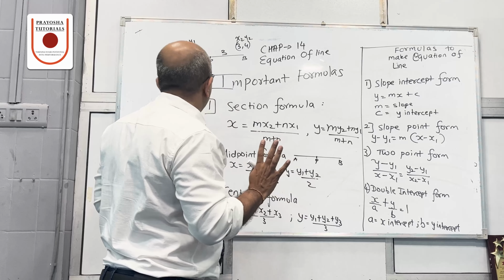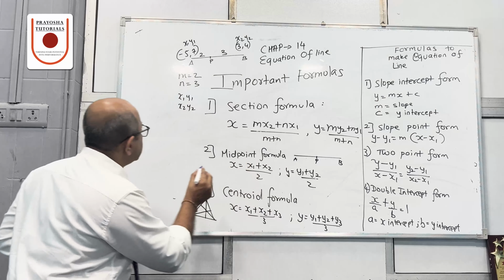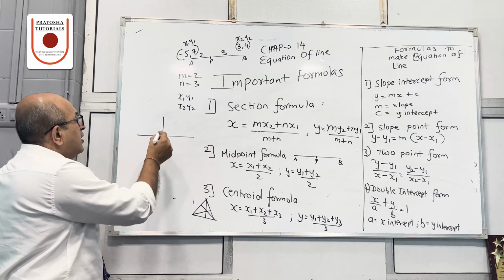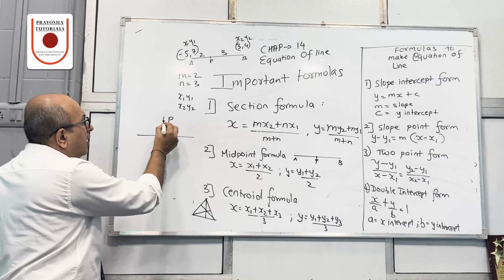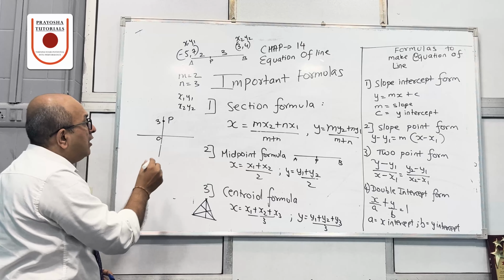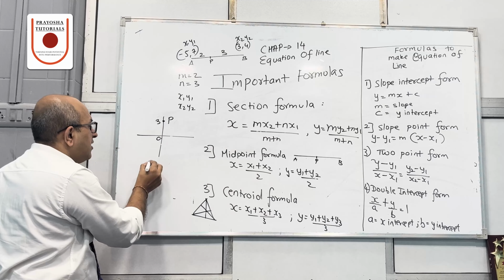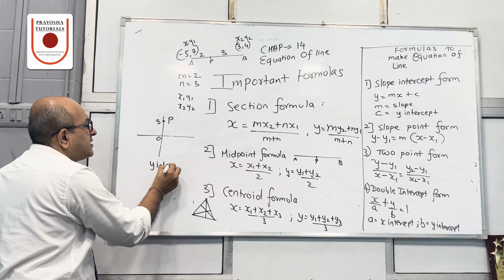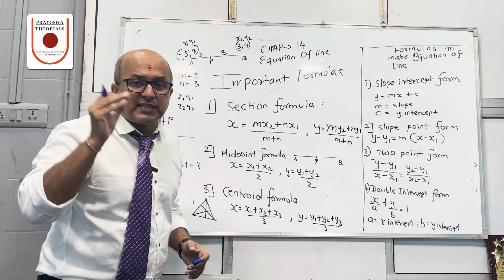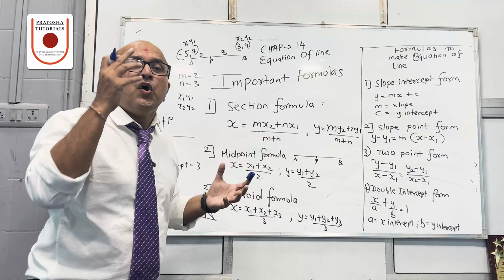I would like to explain it here, students. So please see, if there is a y-axis here and an x-axis here, and there is a point P which is at a distance from the origin, say 3. So it means, students, the y-intercept is 3. One more time, what is y-intercept?